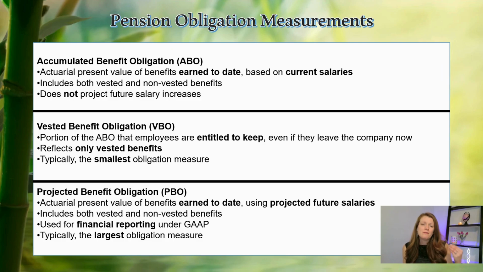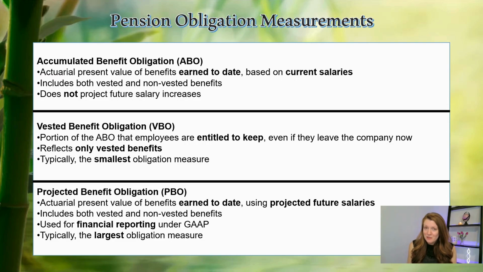The downside of this is it does not project the future salary increases. So they're just considering how much they make now, but they may work there for another 20 years and make an extra $75,000. So the accumulated benefit obligation is just looking at the current situation and not considering how much they may make in the future.